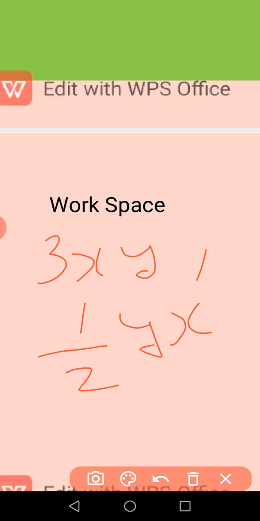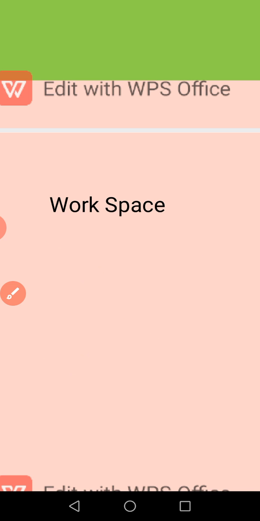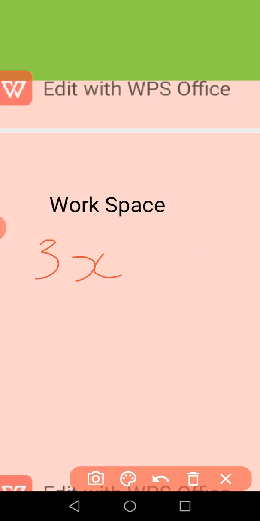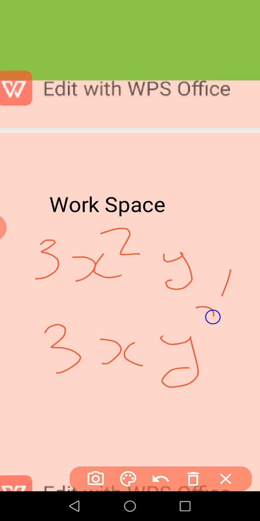But it is the same. Variable part is same, because x into y is same as y into x. So 3xy and 1 by 2 yx are like terms. But if it is 3x square y and 3xy square, here comes the twist, na?